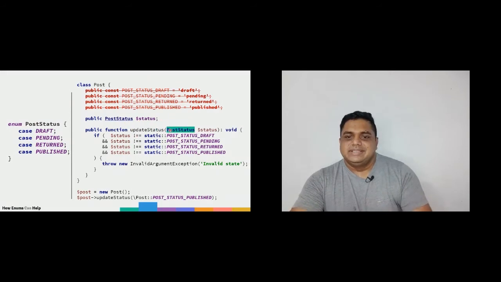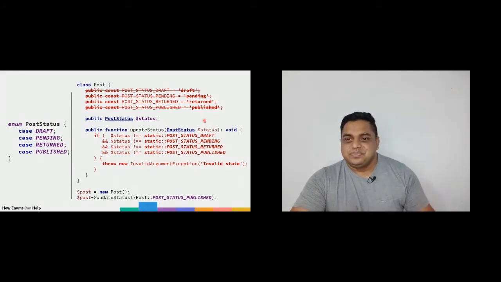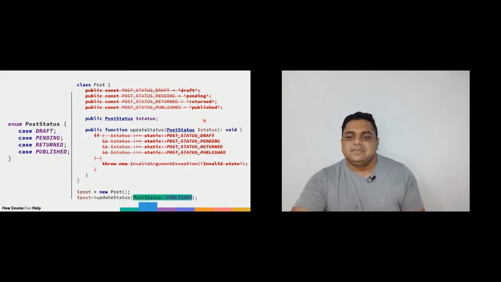Again, we update the method parameter to say we will only accept post status. Because this is the type validation now, we don't have to validate any of these things. Validation for us. Cool. And we have to update how we use them. Before we had class constants, but we have enum members.